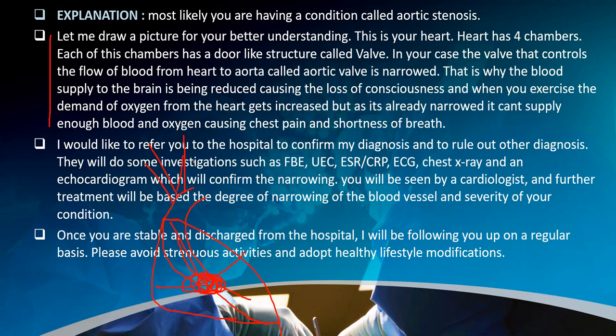And the other two symptoms, shortness of breath and chest pain, which come mainly in exercise, because exercise increases the oxygen demand, but already blood supply from the heart is reduced. So during exercise, with the increased demand, the patient feels more shortness of breath and chest tightness. After you explain it, then say, well, it could be due to other causes as well.